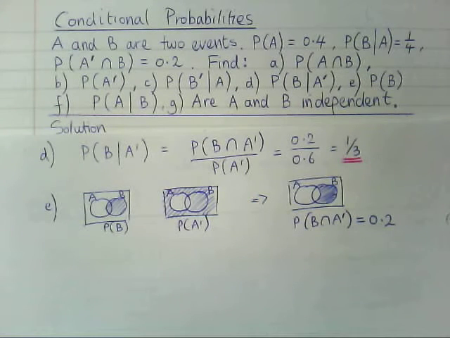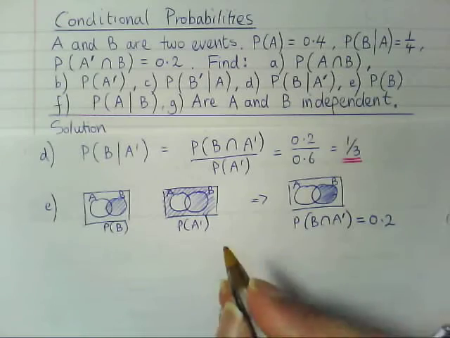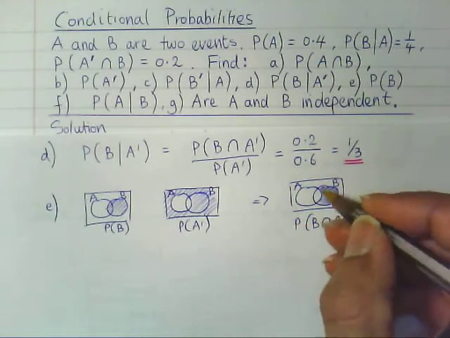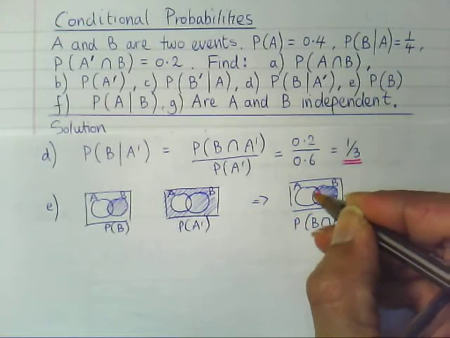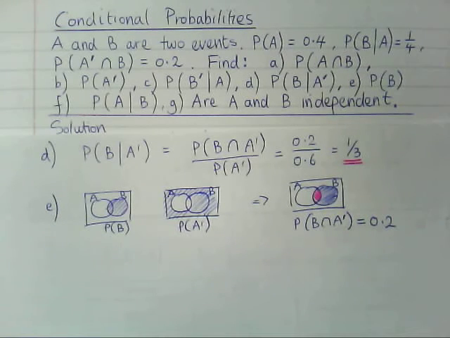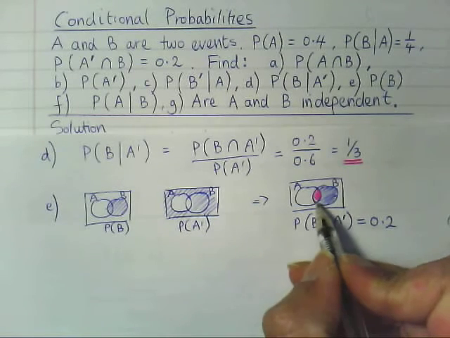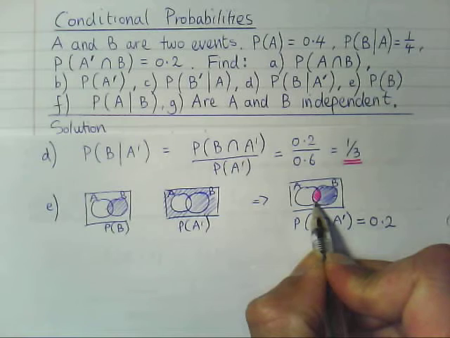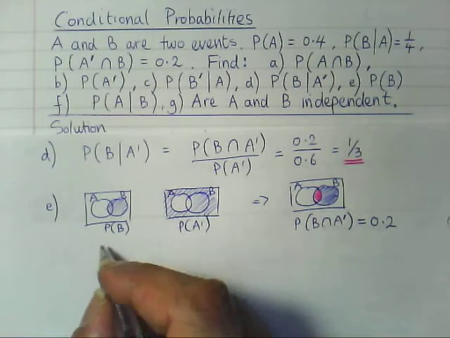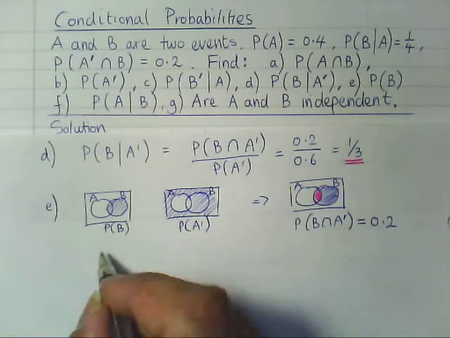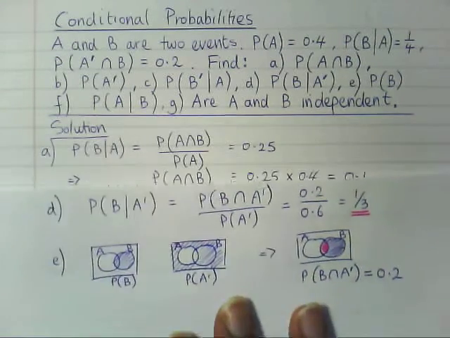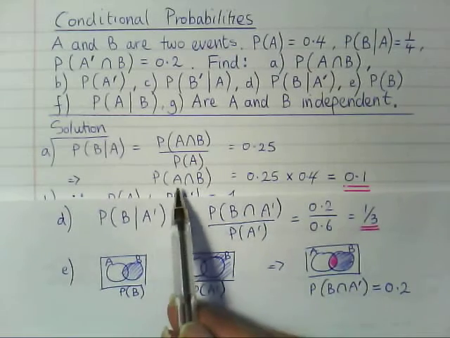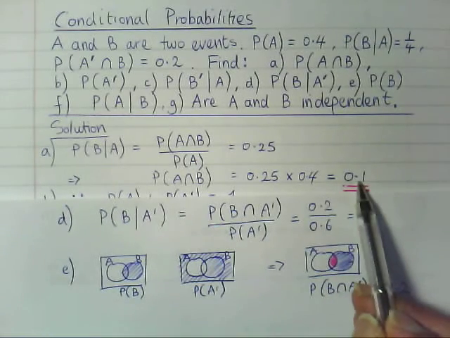Well, all we need to find now is that part there, if we do want to find the probability of B. Well, what exactly is that part there? Well, that just happens to be the intersection of A and B. Well, we can use an earlier calculation from part A, where we did work out that the probability of A intersection B is equal to 0.1.